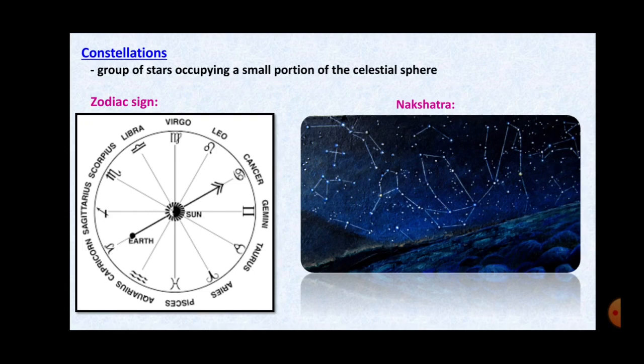Now a nakshatra is known by its brightest star, and it is called the Yogtara. Now, which nakshatra we can see during a sky watch depends upon the position of the earth along its orbit.